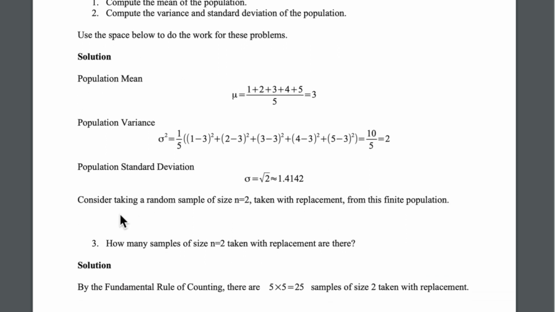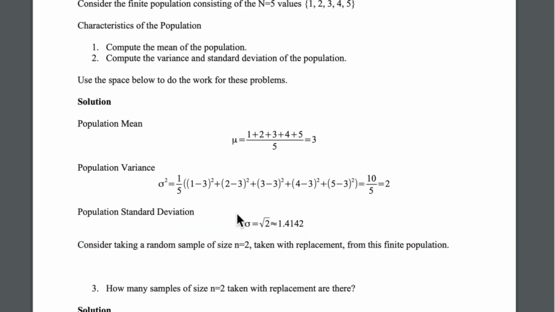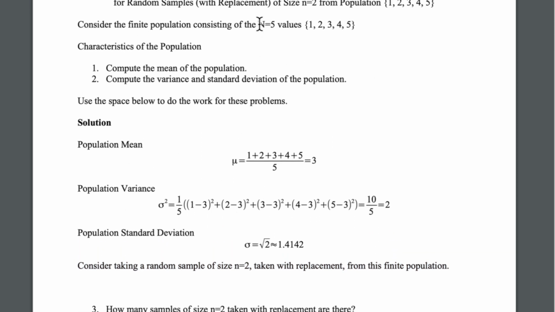Next, we want to consider taking a random sample of size little n equal to 2. All right, so in this course, capital N is going to be used to represent the size of a finite population, and lowercase n will be used to denote the sample size from a population.